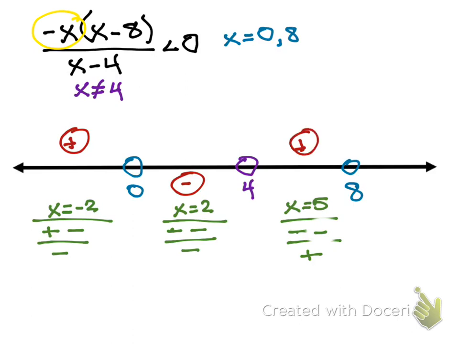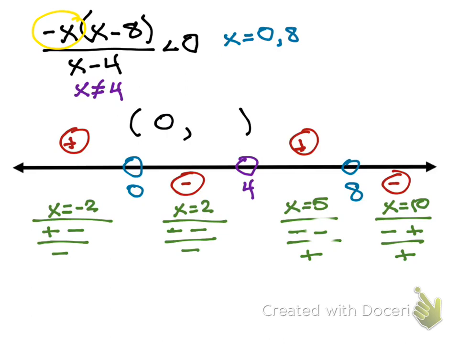Then to the right of 8, how about 10? We would have negative, positive over positive, negative. Then putting in my interval, we wanted to know less than 0. So here, from 0 to 4, union 8 to infinity. I hope you found this helpful.